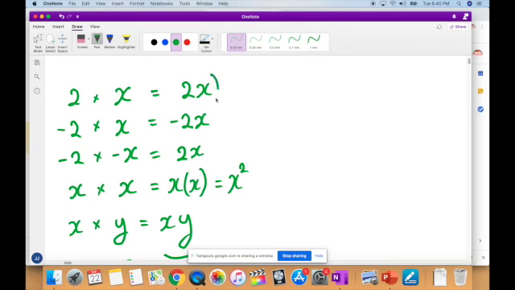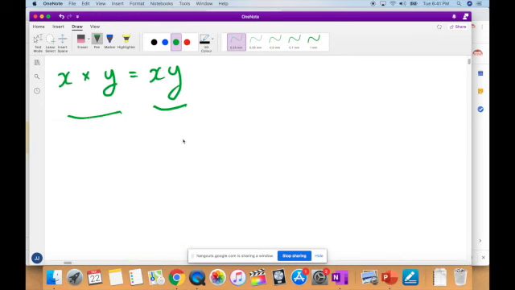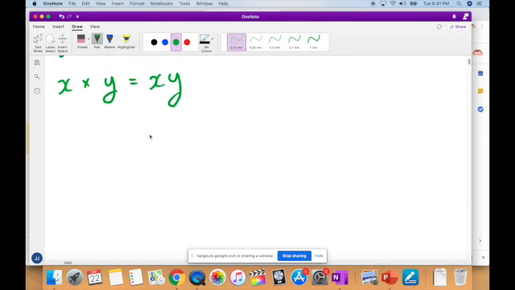Because it's a multiplication, I could treat it like a single unit. It's the same thing over here: x times y is a multiplication, so I could treat it like a single unit. Is there any other way I could write it though?